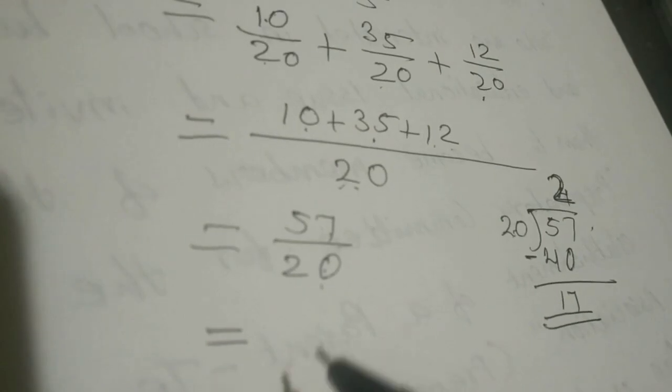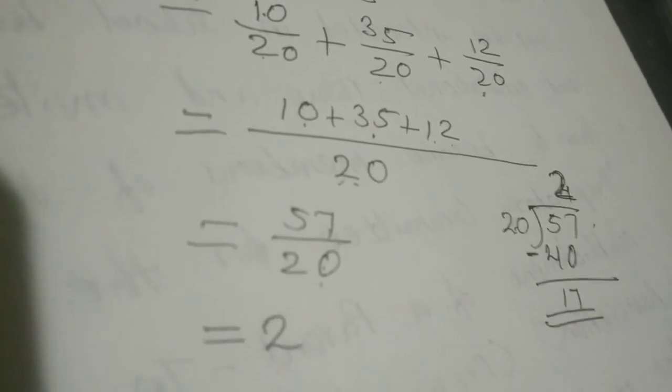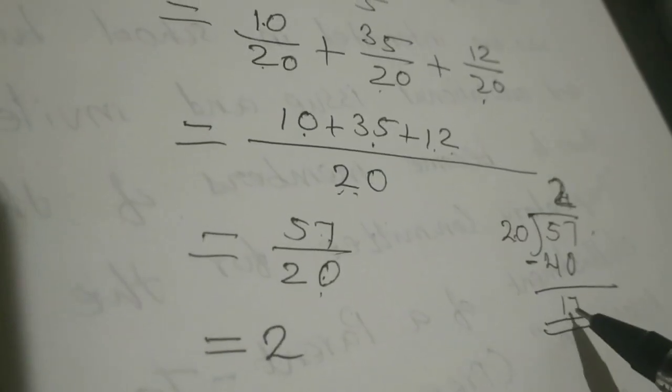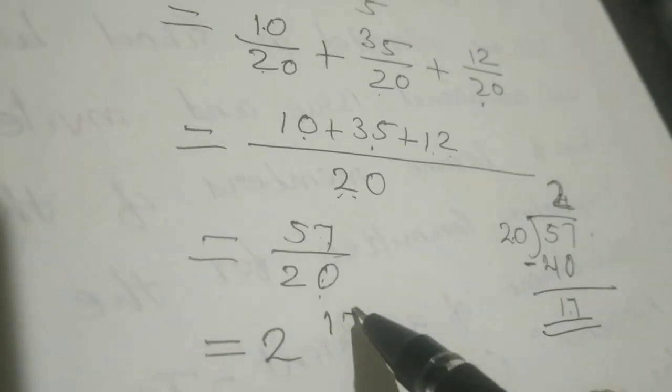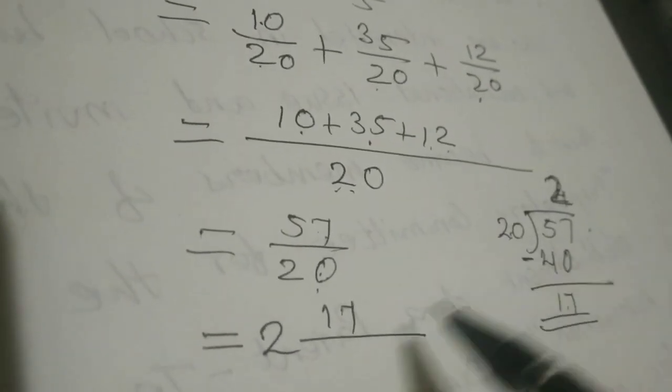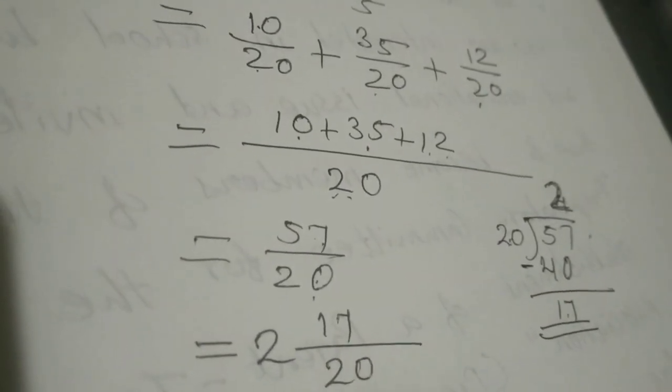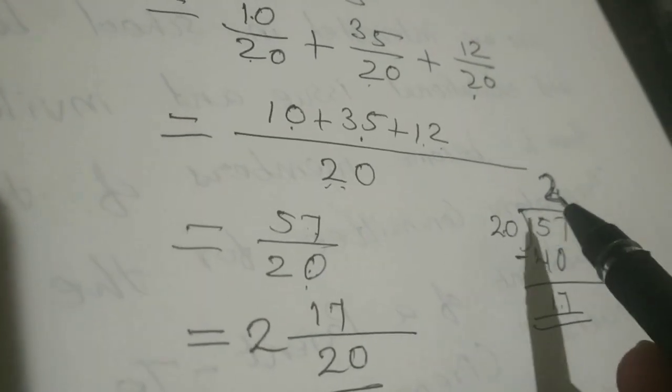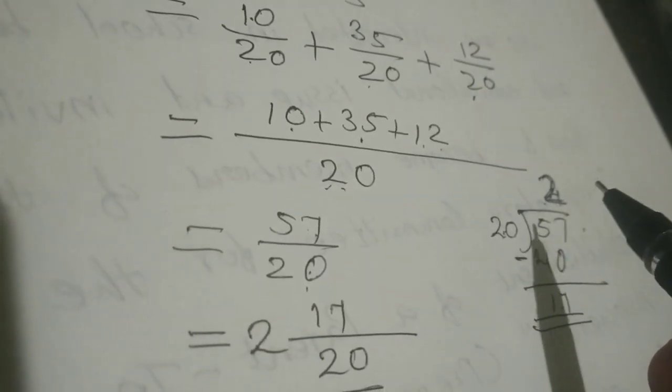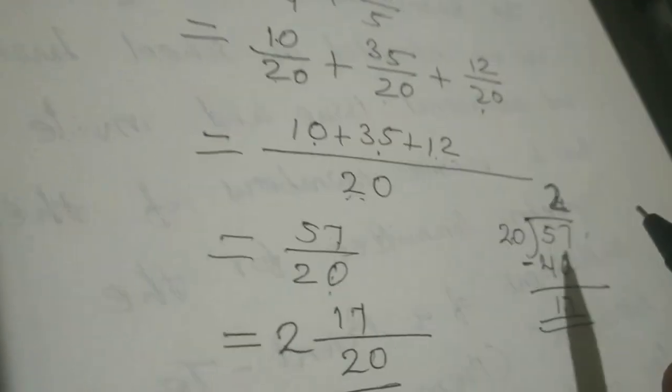So we write down 2 as the quotient. The remainder 17 will be the numerator and 20 will be the denominator itself. Okay children, thank you.